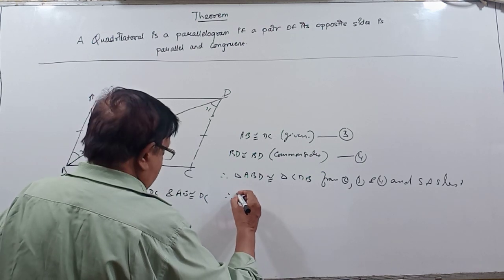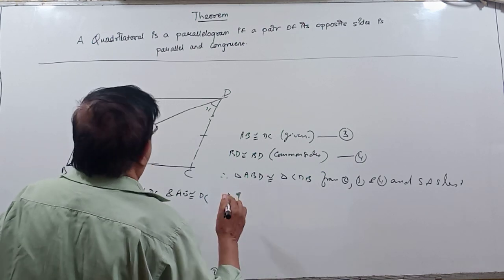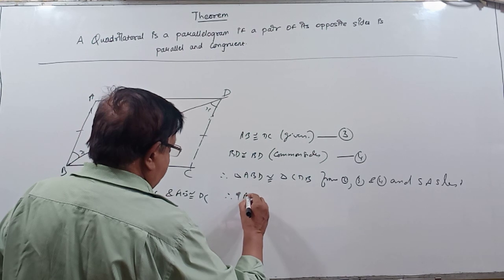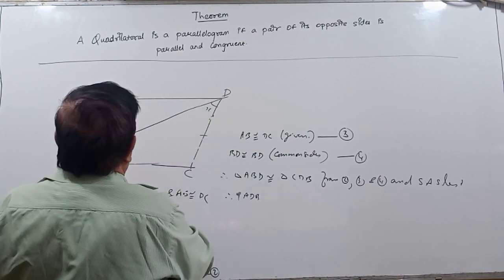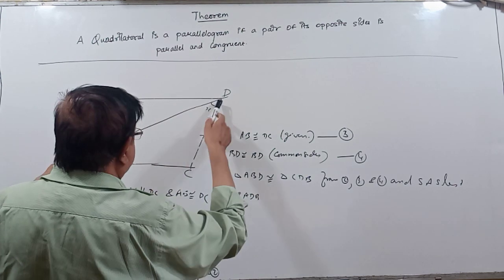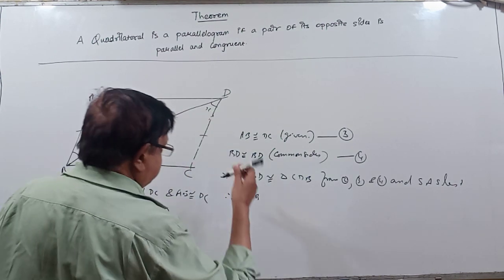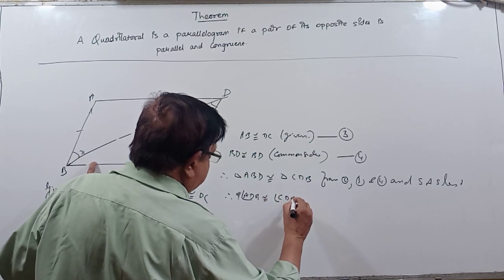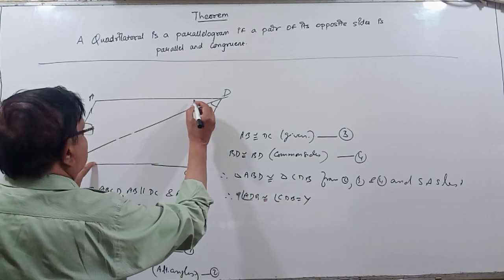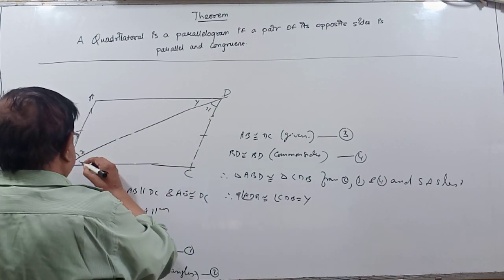Therefore angle ADB, this angle congruent to this angle, ADB congruent to CBD. Let CDB equal Y. This angle congruent to this angle.